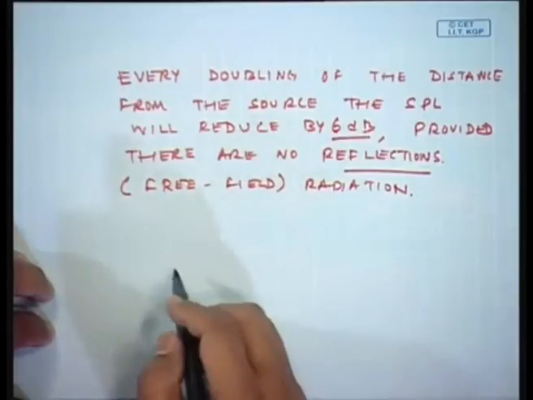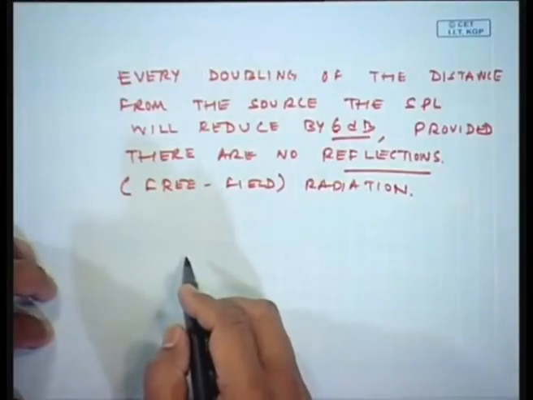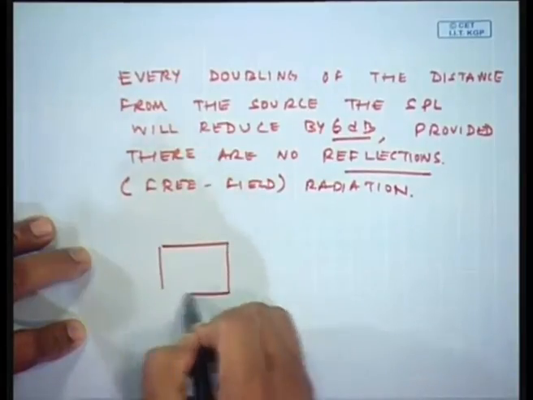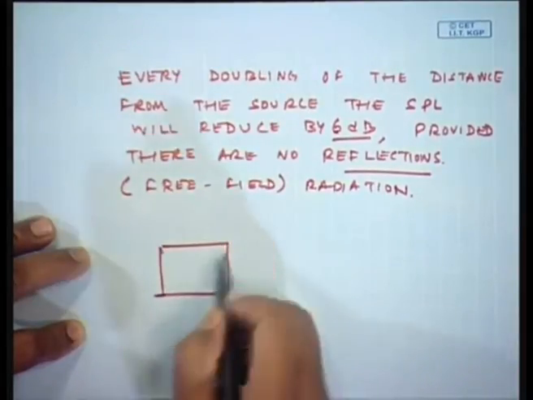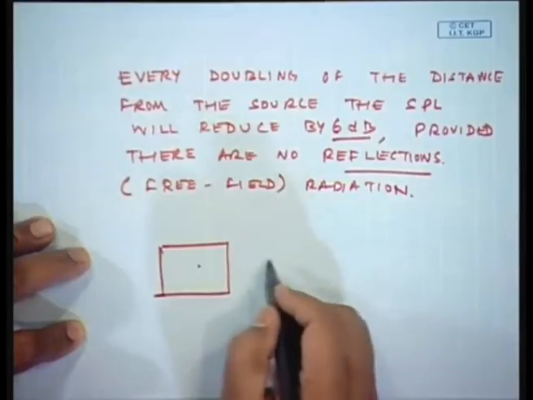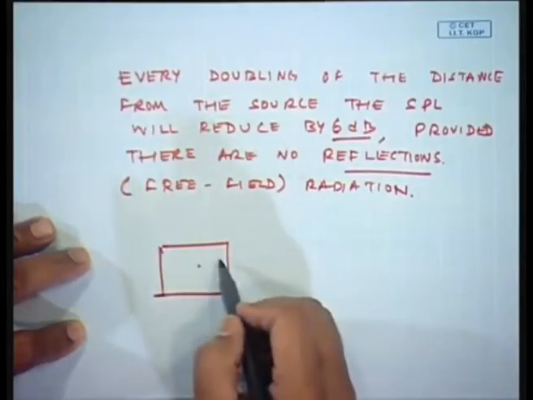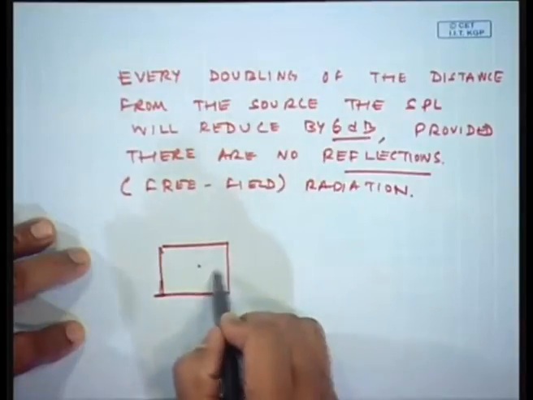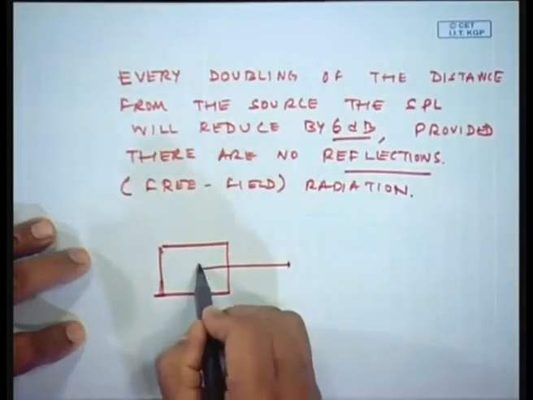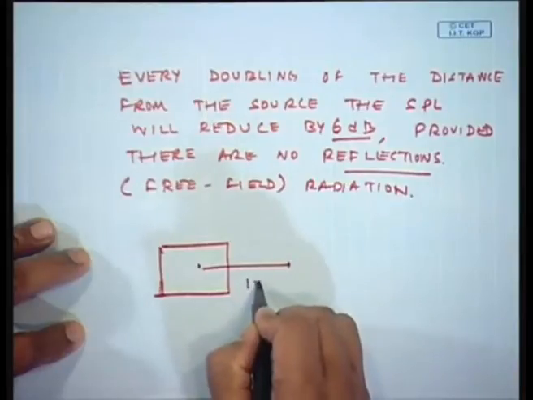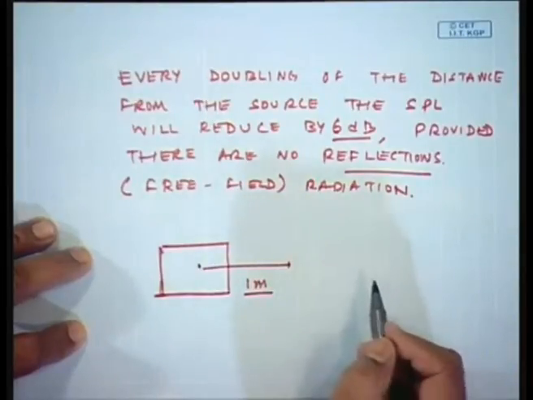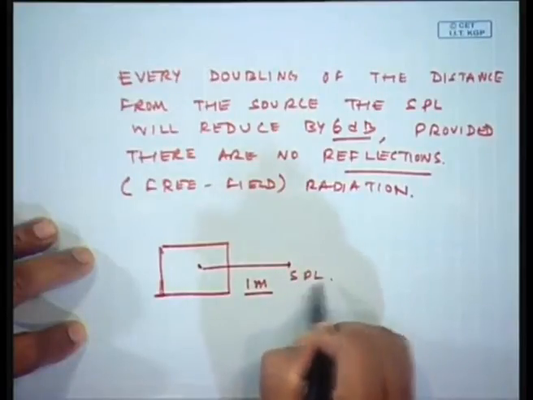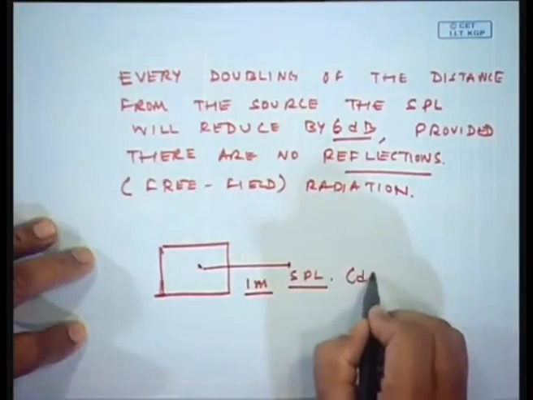So, if I want to find out the sound pressure level radiated by every machine, I can always take them to an environment where there are no reflections and then measure at a fixed distance. Usually, the standard is about 1 meter from the source, you measure what the SPL is in decibel.